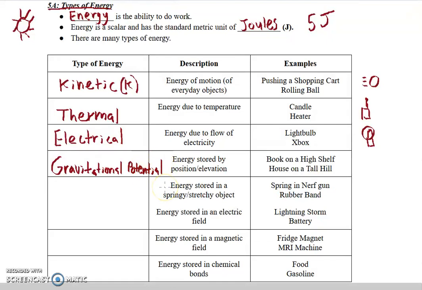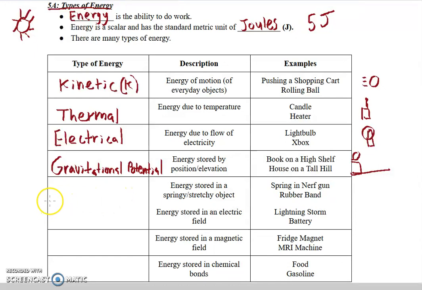That's energy stored because something is in an elevated position. So for example, a house on a tall hill, a book on a tall shelf. Anything elevated above ground level is going to have some potential energy that could be released if that thing were to fall.